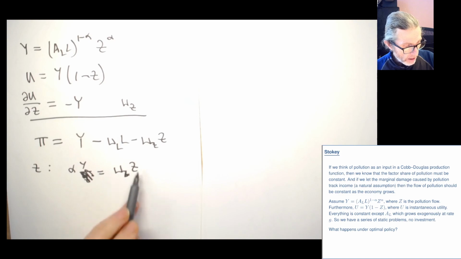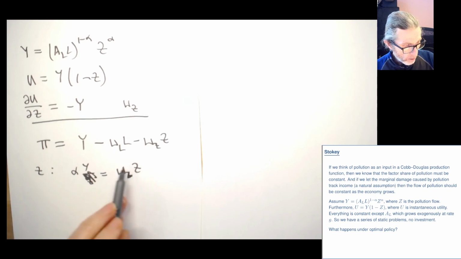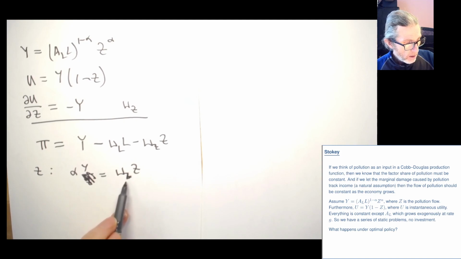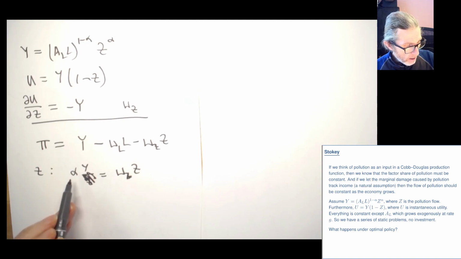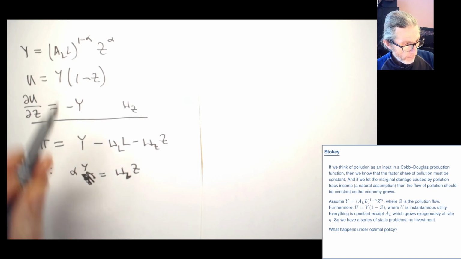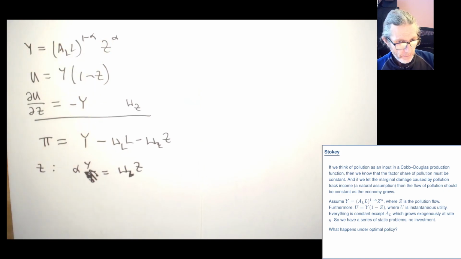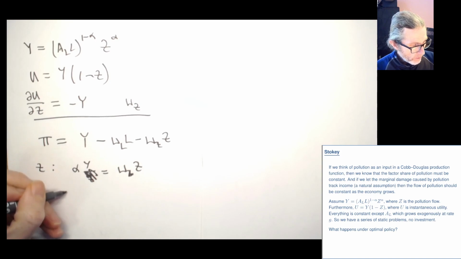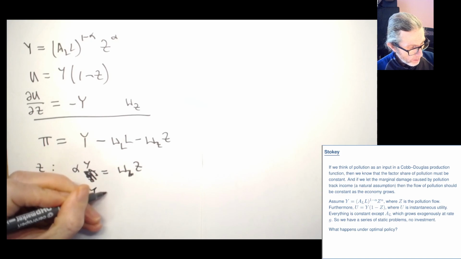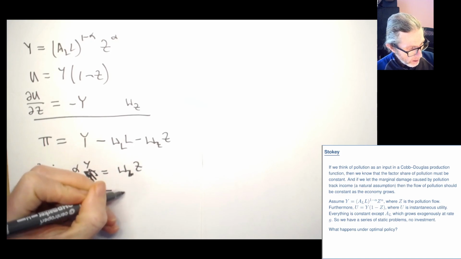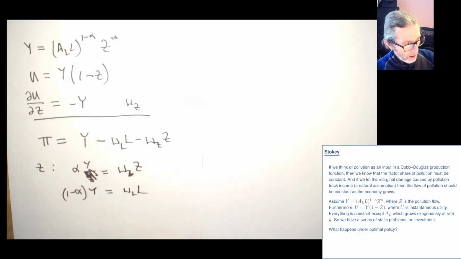The factor share of pollution is what the representative producer spends on polluting inputs, and that is a constant share alpha of total production Y. The equivalent result for labor would of course be (1 minus alpha) Y equals wL L.